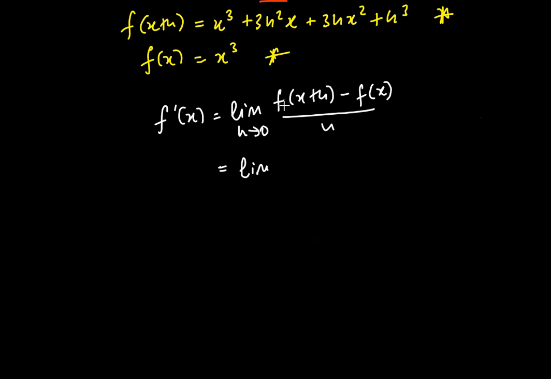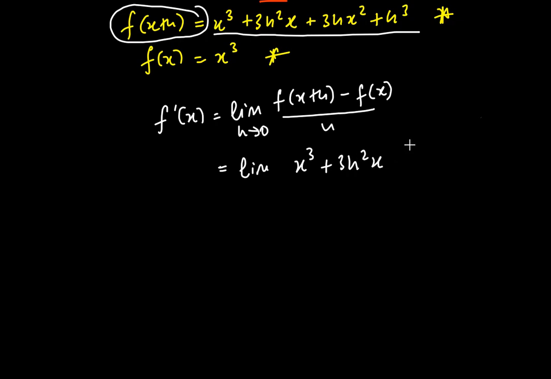but instead we have to simplify first. So when we simplify, we substitute f of x plus h. This is our f of x plus h. So I'm gonna write x cubed plus 3h squared x, and then plus 3hx squared plus h cubed, and then I'm gonna say minus, what is f at x?